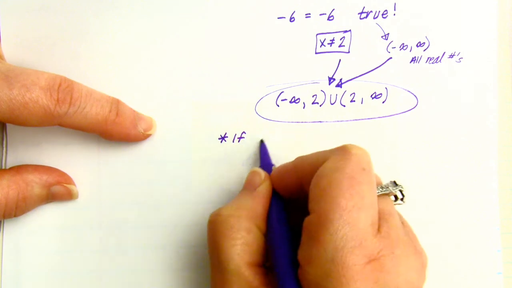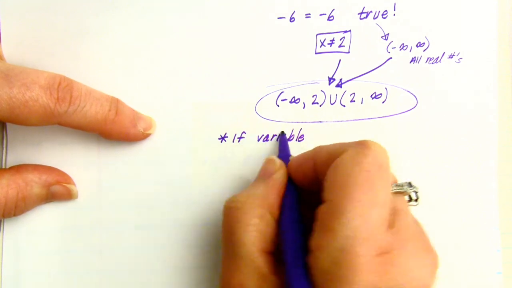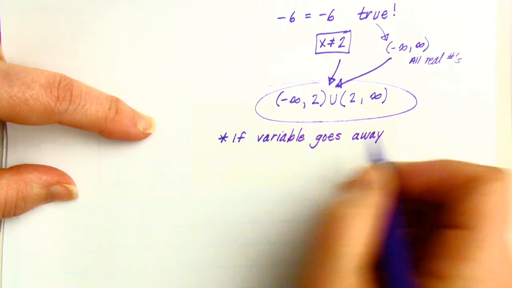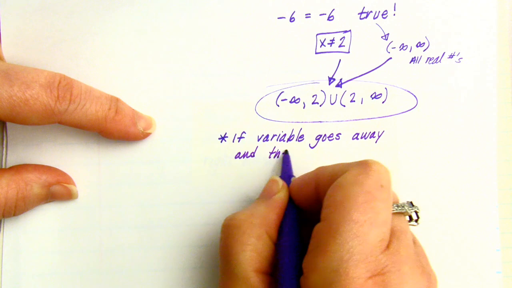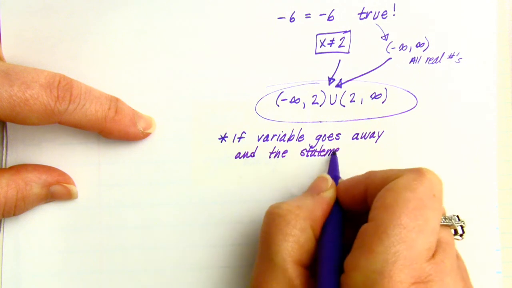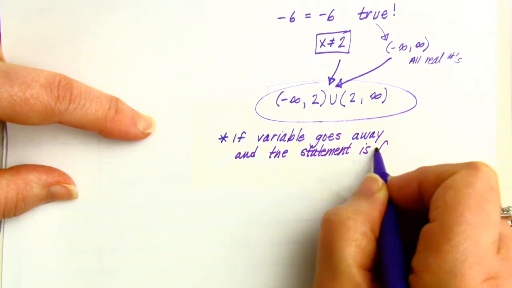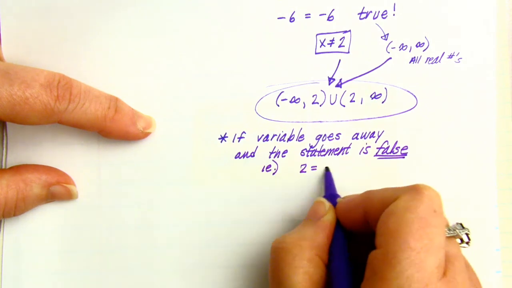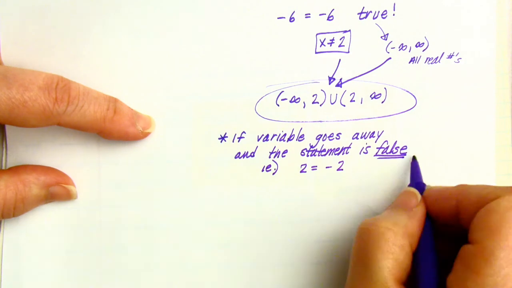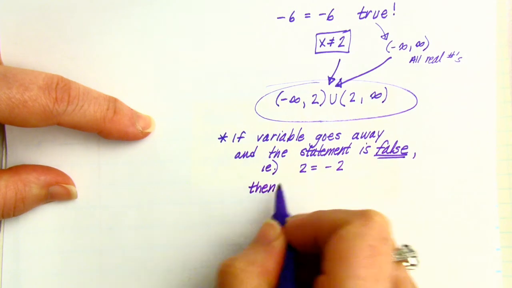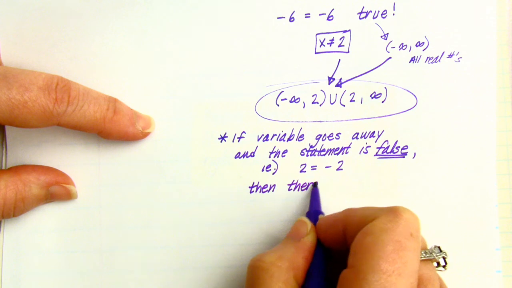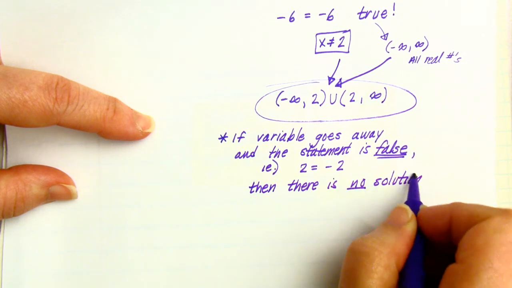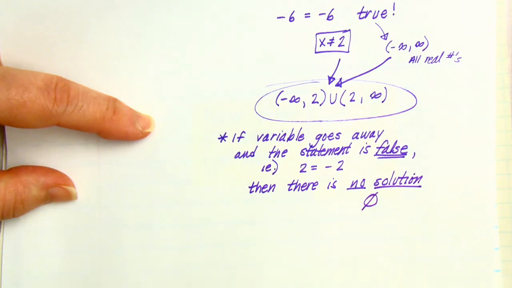If the variable goes away and the statement is false, for example, 2 equals negative 2, then there is no solution. Okay, so you would have empty set.